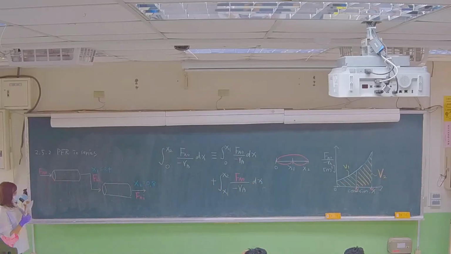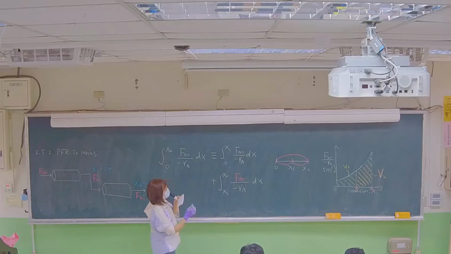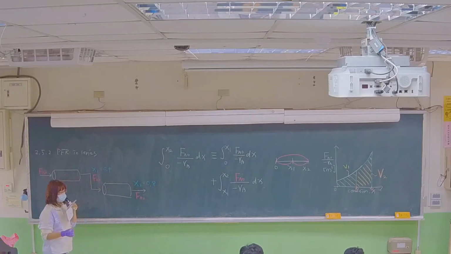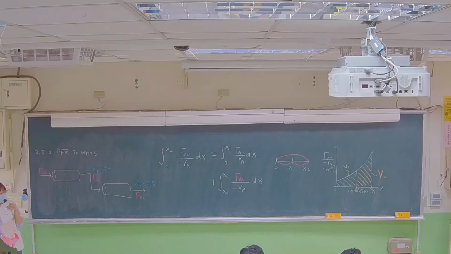Then you will know, whether you use only one reactor or two reactors in series, the volume is the same. For PFR, connecting several PFRs in series cannot reduce the volume. So use one PFR or a lot of PFRs in series, the total volume is the same.